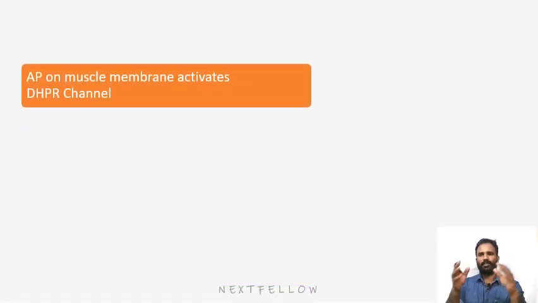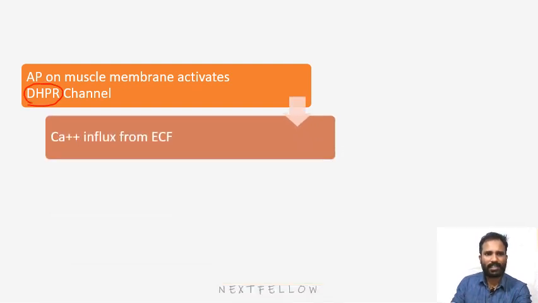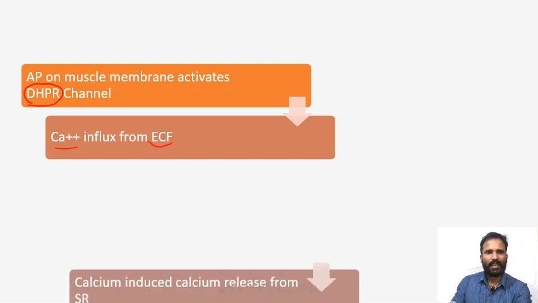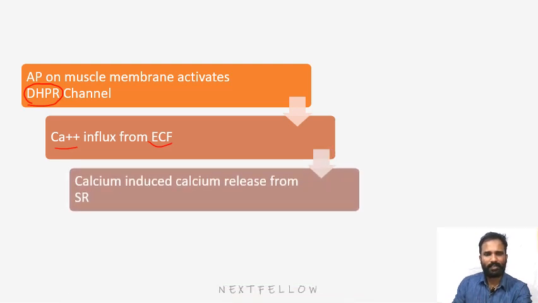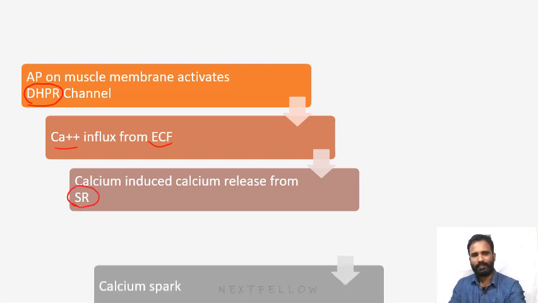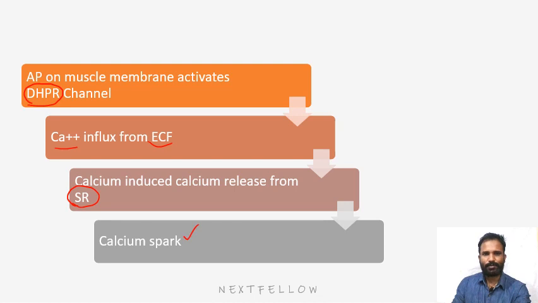Coming to the release and source of calcium, the action potential on the muscle membrane activates the dihydropyridine receptor in the cardiac myocyte, and that causes calcium influx from the ECF. This calcium influx causes calcium-induced calcium release from the sarcoplasmic reticulum, which is called a calcium spark. So large amounts of calcium will be released.